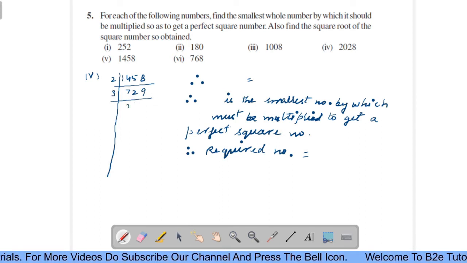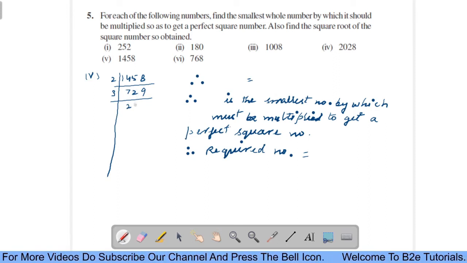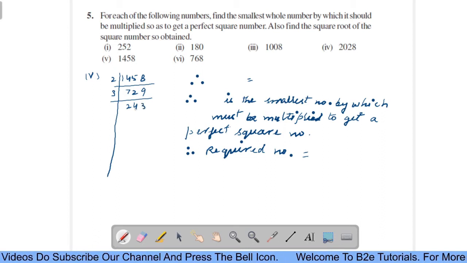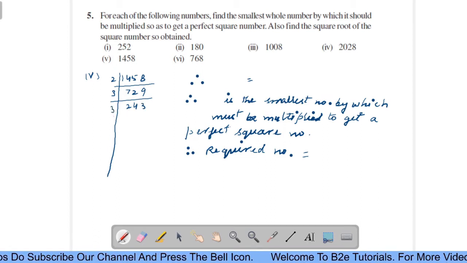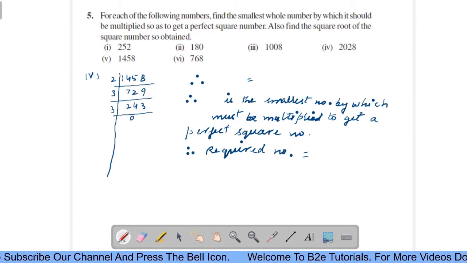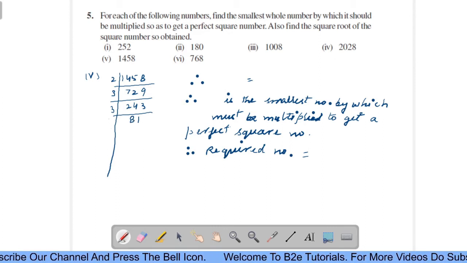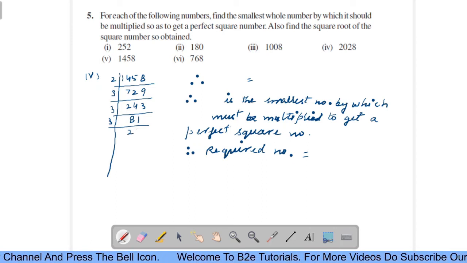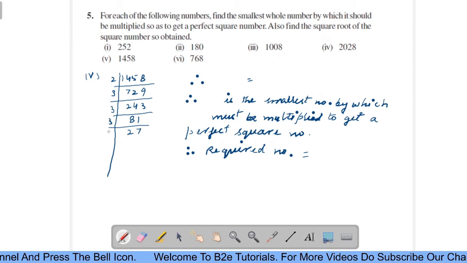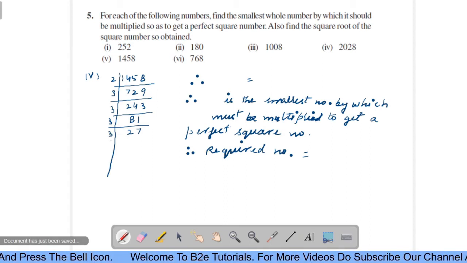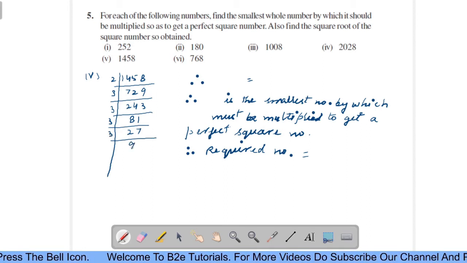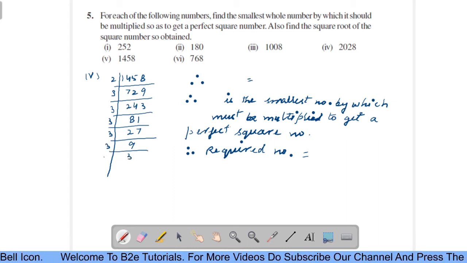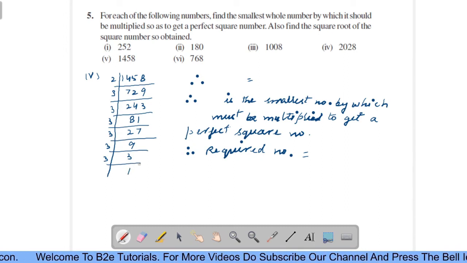3 2 is 6, 3 4 is 12, 3 3 is 9, again by 3, it is 3 8 is 24, 3 1 is 3, again by 3, it is 3 2 is 6, 3 7 is 21, then again by 3, it is 3 9 is 27, again by 3, it is 3, again by 3, you will get 1.